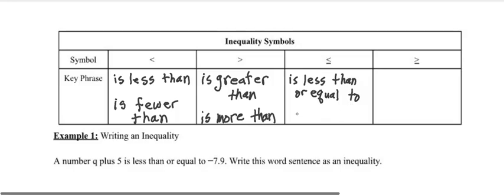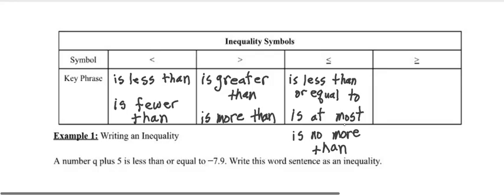We have some other phrases. You're going to see "is at most." Whenever we see that expression, it falls in the same category. Or "is no more than." All of those express that same idea that it is less than or equal to.